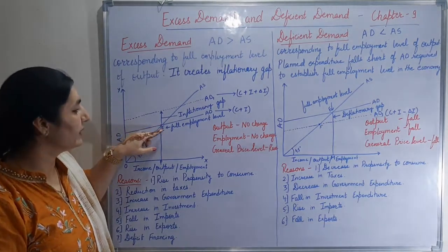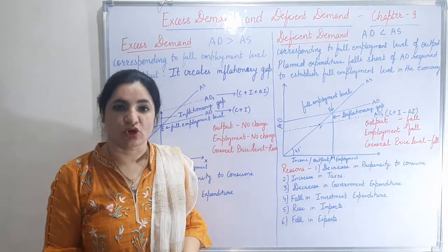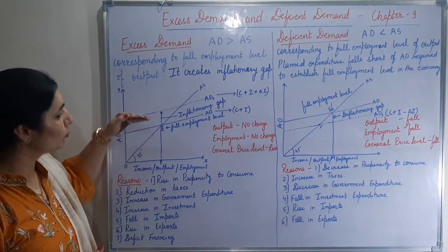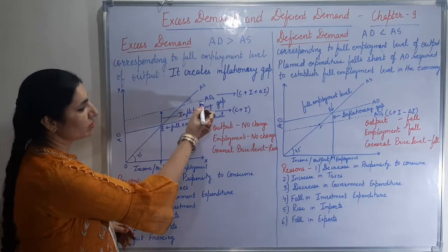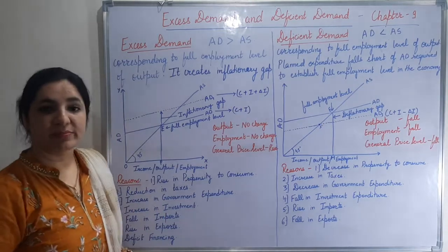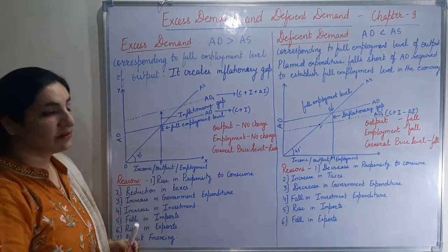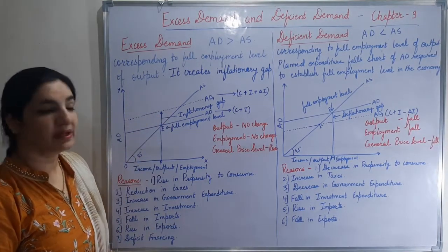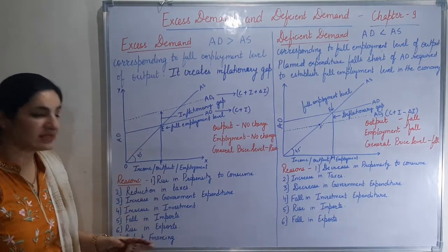Now, when aggregate demand is increasing beyond this in the economy, it means that the aggregate demand curve will move towards upside, and this is shown with this dotted line, that is AD1, and this gap between the actual aggregate demand curve and the planned aggregate demand curve shows the inflationary gap.